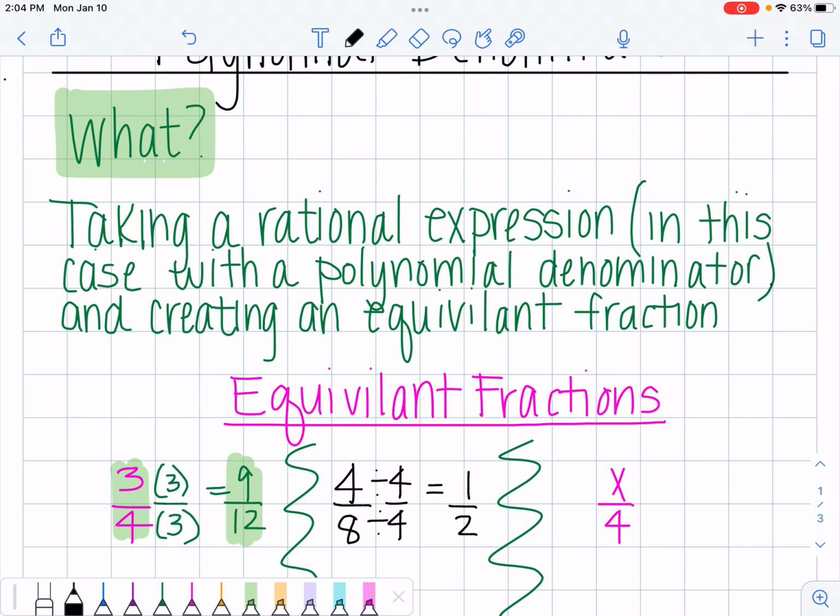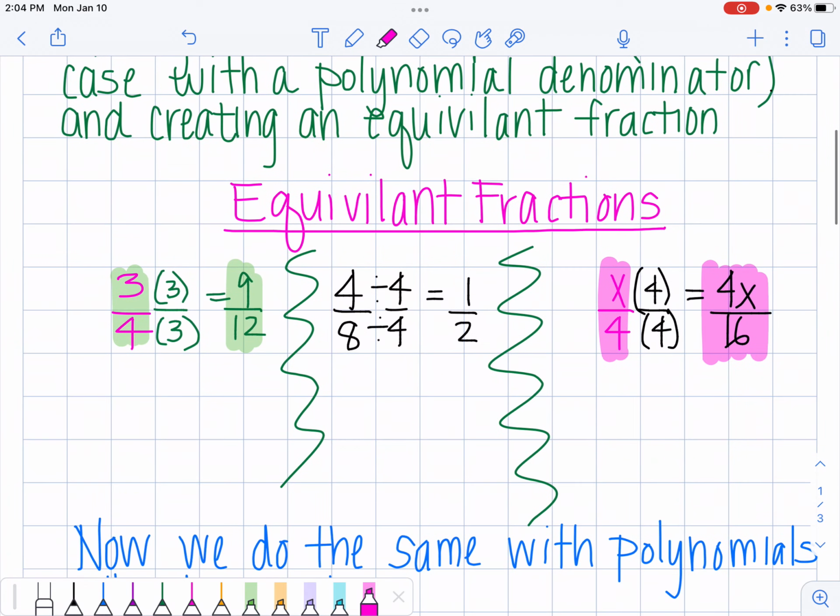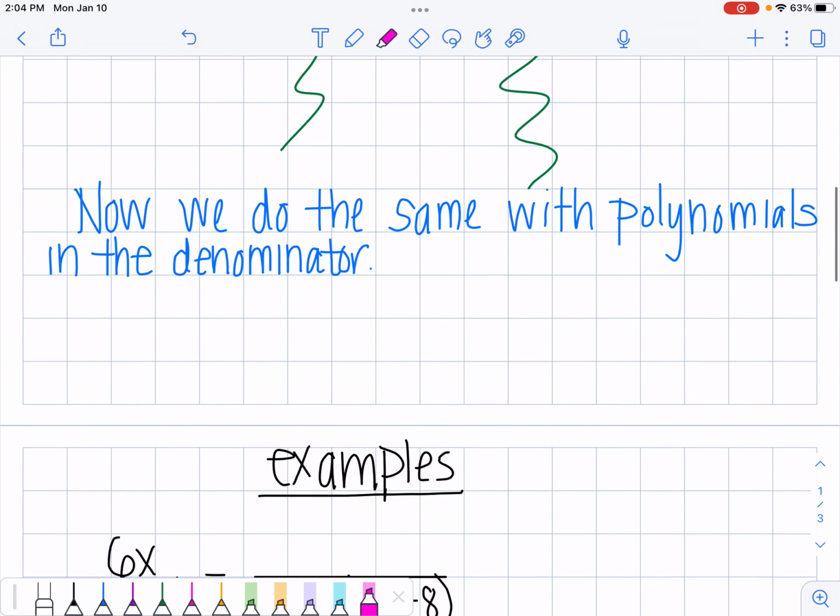And we can also do this when we have variables. So here, if I wanted to make an equivalent fraction, if I multiplied both the top and the bottom by 4, I would get 4x over 16. So x over 4 and 4x over 16 are equivalent fractions. Now, in this lesson, we're going to do the same thing, except we're going to have a polynomial in the denominator.